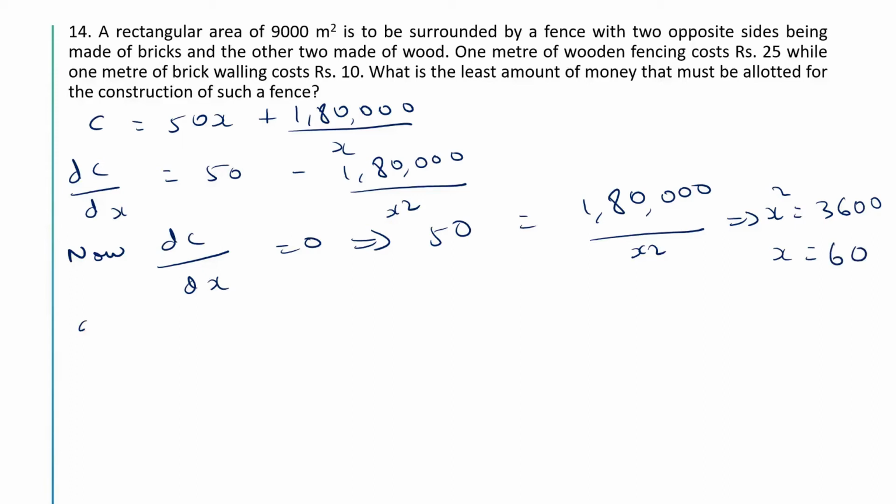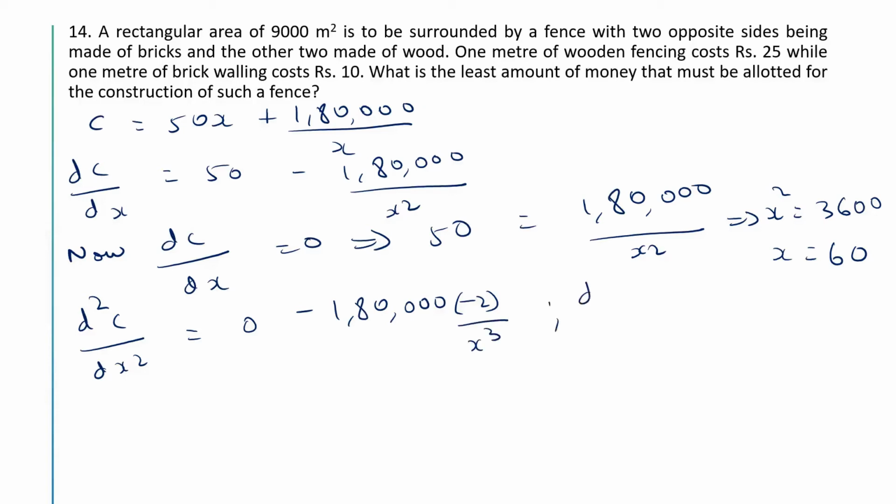Now let us find d square c by dx square. D square c by dx square is 0 minus 1,80,000 into minus 2 divided by x cube.